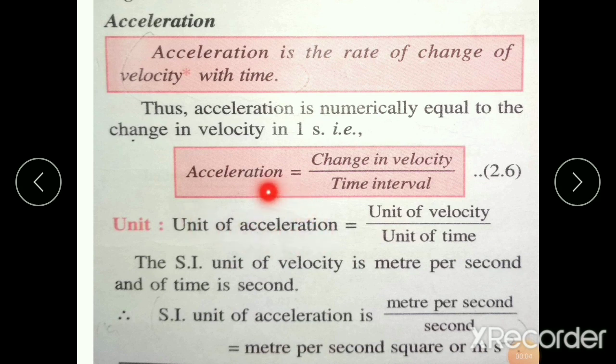The SI unit of velocity is meter per second and the SI unit of time is second. Then the unit of acceleration will be meter per second divided by second, that is meter per second square.